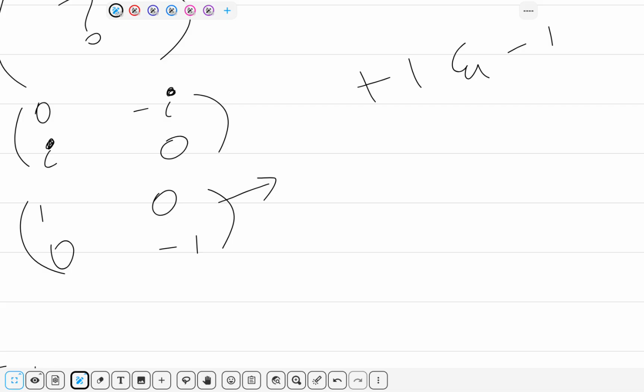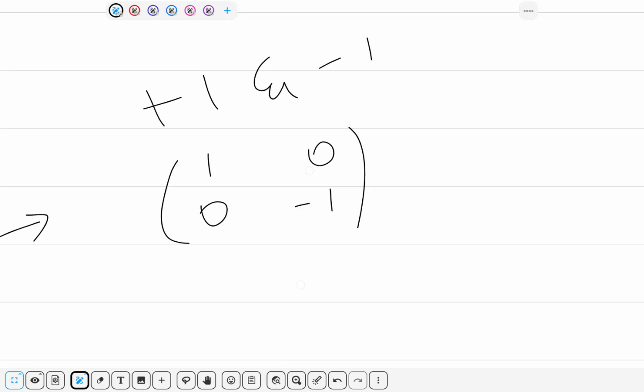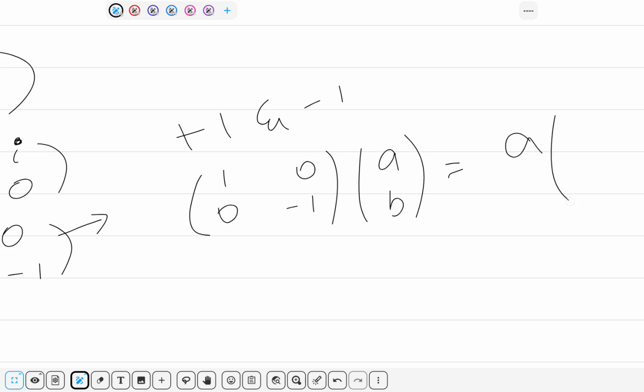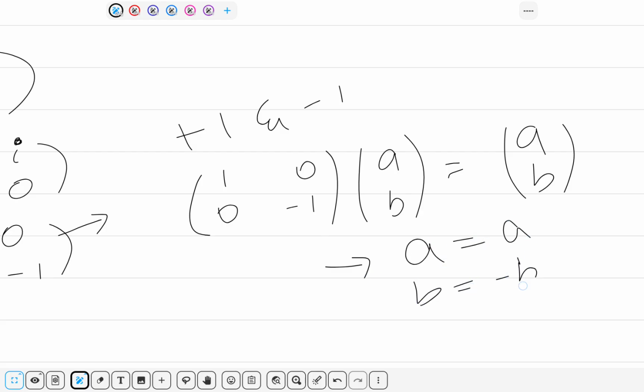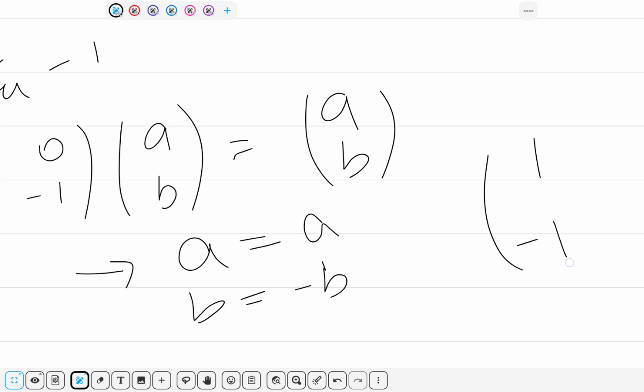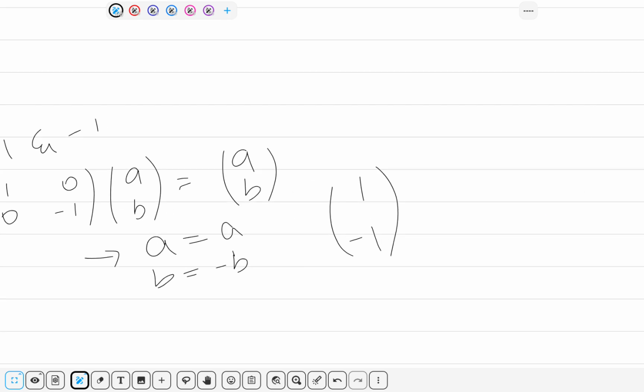And the eigenvectors of this are, let me check, 1 0; 0 minus 1 acting on a, b gives me a, minus b. So one eigenvector is 1, 0, and the other is 0, 1.